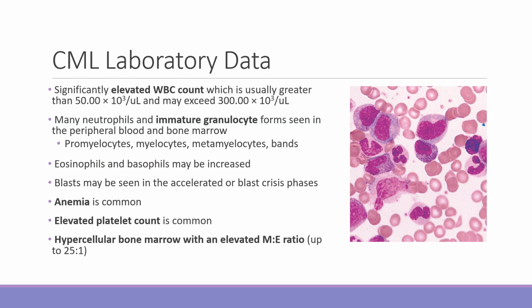Now, we haven't really talked too much in depth about what an ME ratio is, but an ME ratio simply means myeloid to erythroid ratio. And a normal ME ratio is about 3:1 or 2.5:1. So for every 2.5 myeloid precursors, you're going to have one erythroid precursor. Why is that?